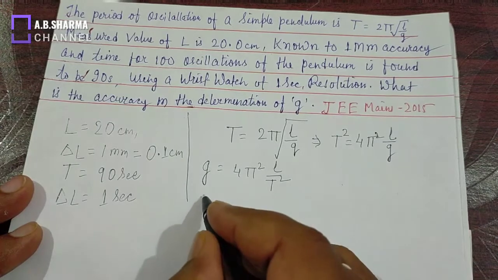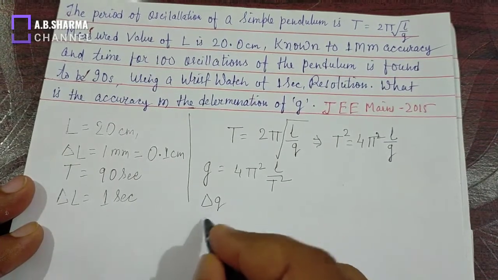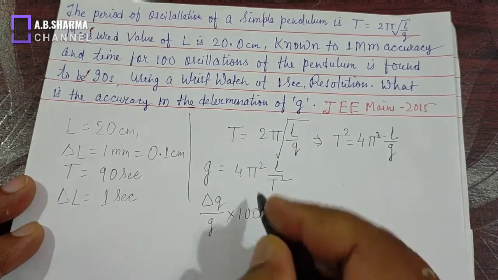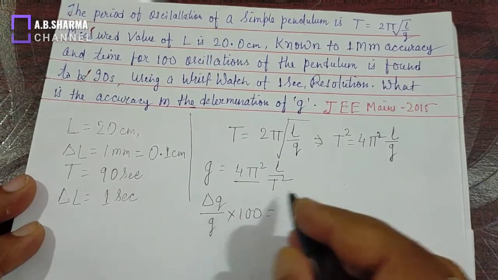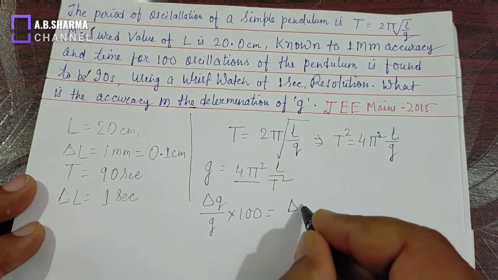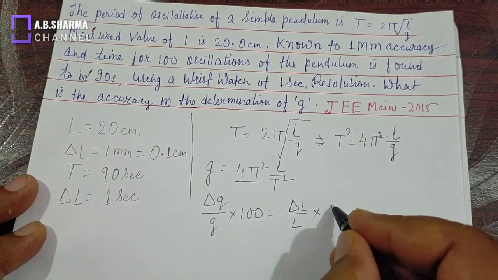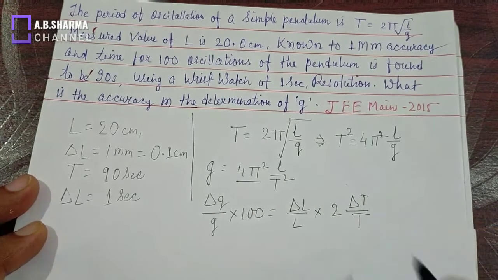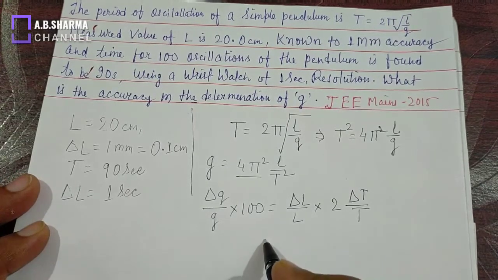Now percentage error, that is delta g upon g into 100 equals, these are the constant part, so will be eliminated. So delta L by L plus 2 delta T by T. This is the formula.